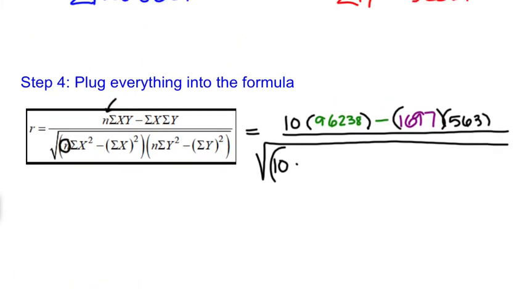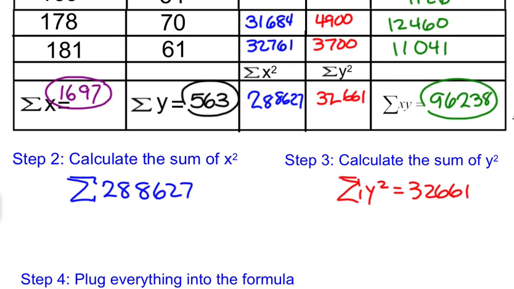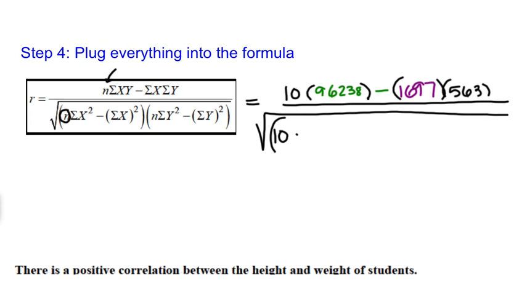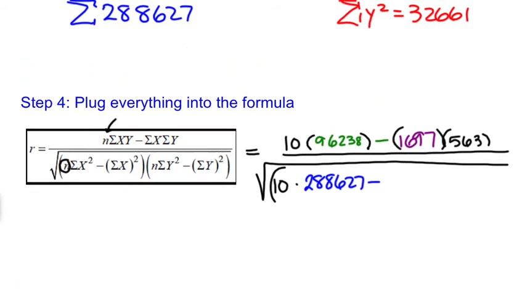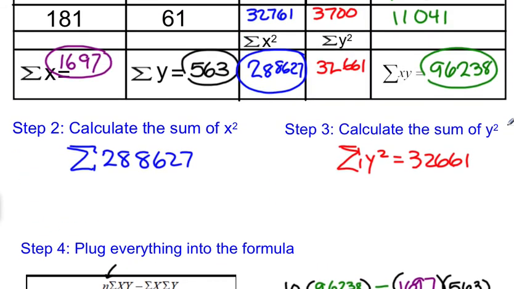So the sum of x squared, right up here in the blue. Minus the sum of x, and what we get to do is square that number in the purple.